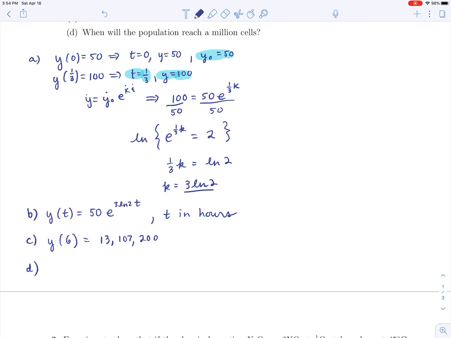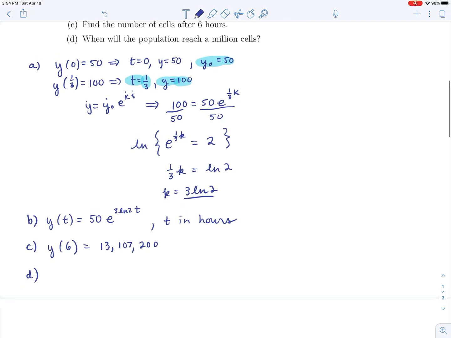Part D, when will the population reach 1 million cells? So that's asking when is y of t equal to 1 million? And we're being asked when, so that means we'll solve for t.